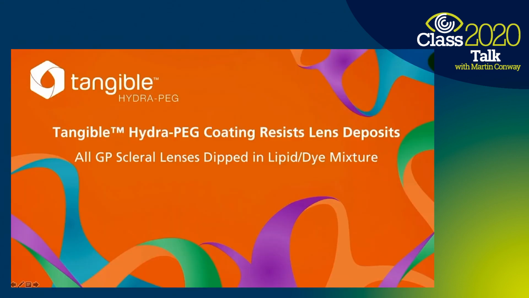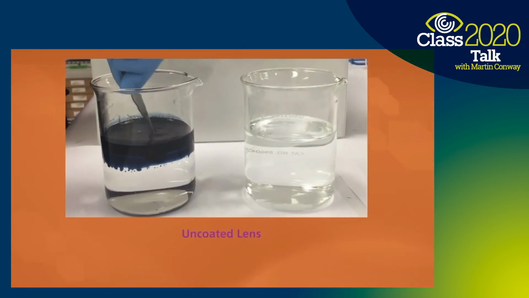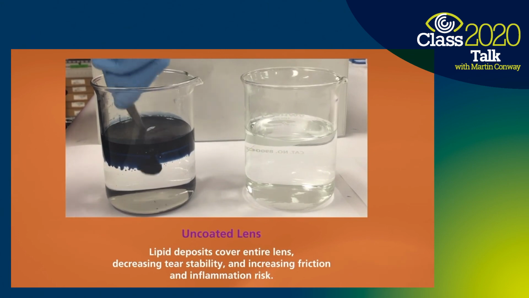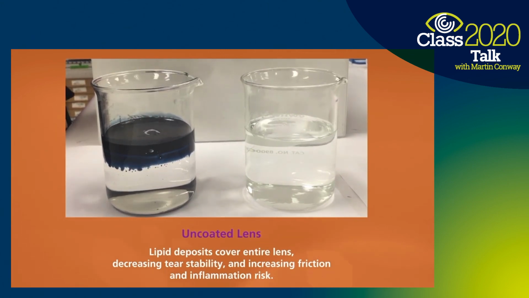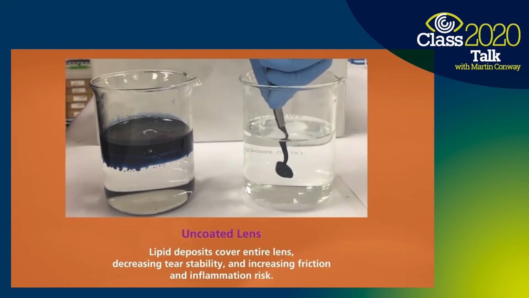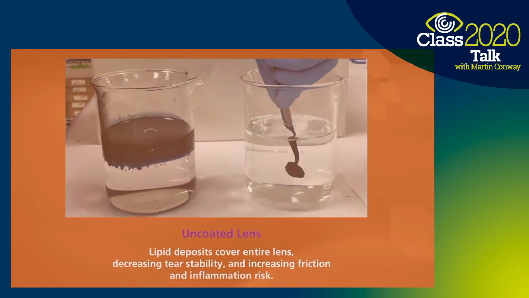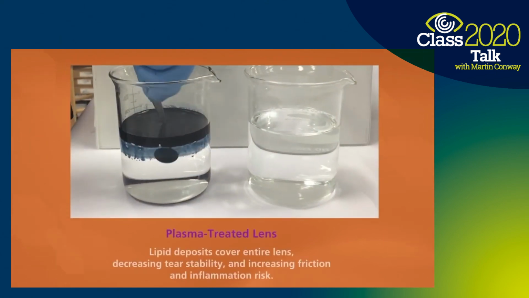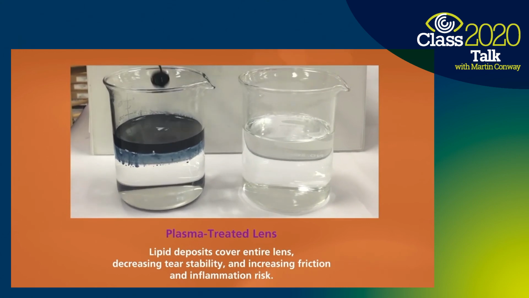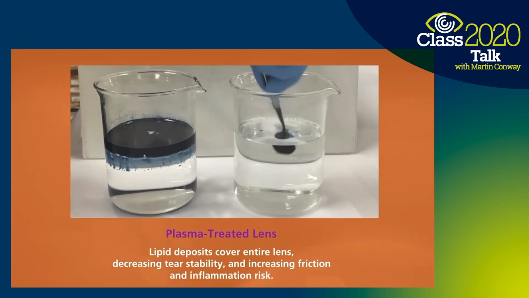In another experiment with HydroPEG, we see the effects of the treatment on surface deposition. Here we have an untreated lens, dipped first in a dyed lipid solution to demonstrate, then a plasma treated lens dipped into the same solution.